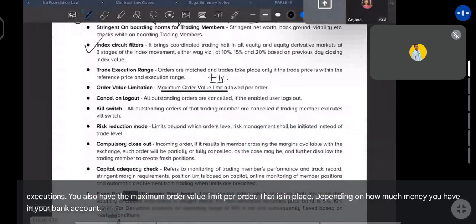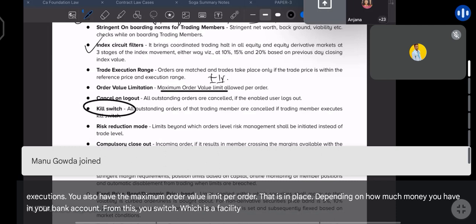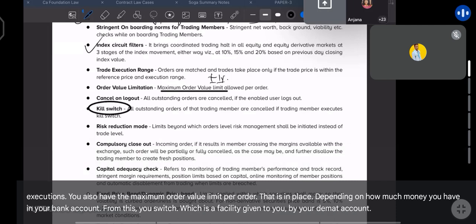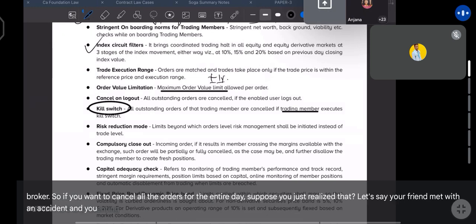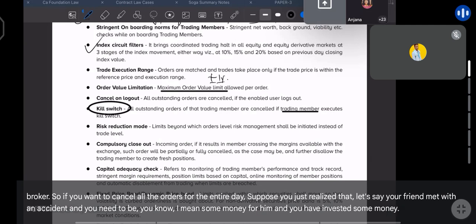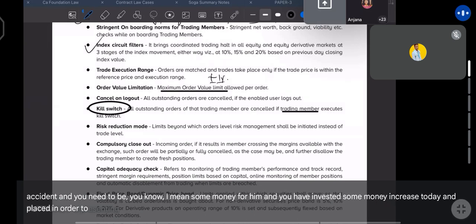And apart from this, you have what is called a kill switch, which is a facility given to you by your demat account facility provider and the broker. So if you want to cancel all the orders for the entire day, suppose you just realize that, let's say, your friend met with an accident and you need to arrange some money for him, and you have invested some money in trades today, and you have placed an order to purchase a few securities which are still pending in the market.